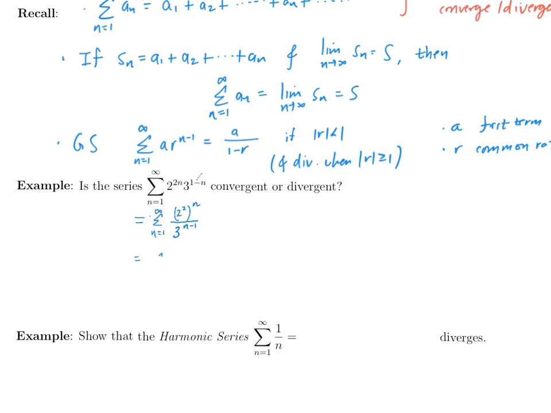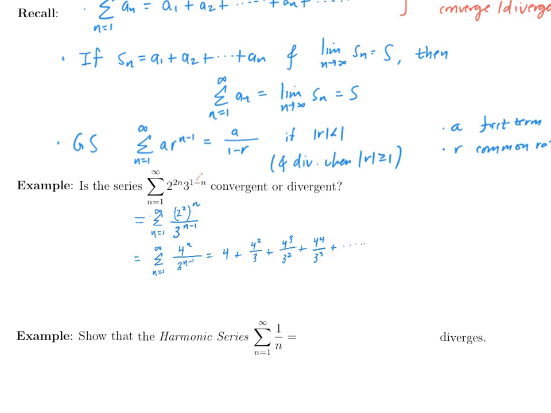And then I'm going to take this a step further in terms of algebra, and then we'll see what that leaves us with. So 2 squared is 4, and 3 to the n minus 1 I'm going to leave exactly as is, because now I'm just going to write this out. We have when n is equal to 1, 4 over 3 to the 0, plus when n is 2, 4 squared over 3, then when n is 3, 4 cubed over 3 squared, then 4 to the 4th over 3 cubed, and it just keeps going indefinitely.